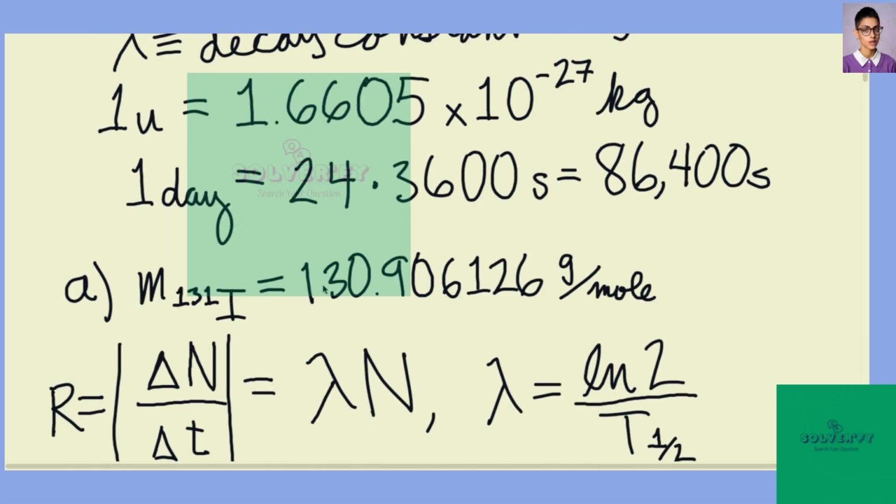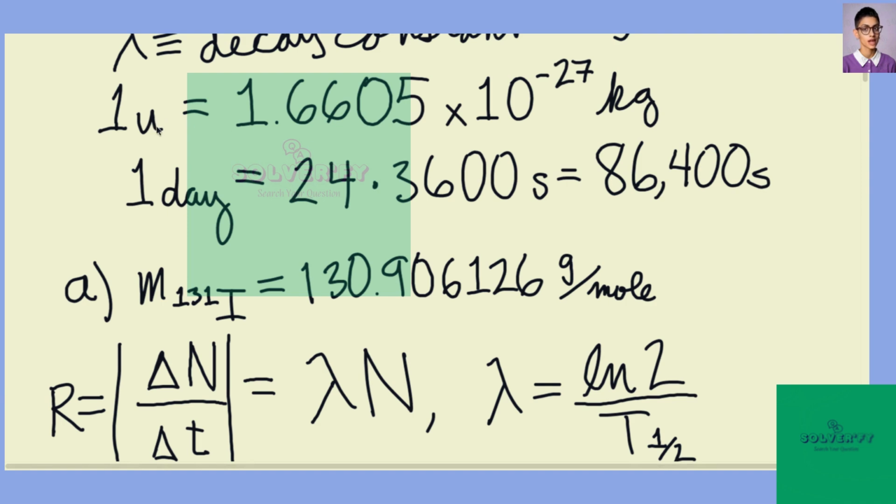We'll be finding atomic masses of these different substances. However, we'll need to convert them into number of nuclei per sample in order to get a decay rate.